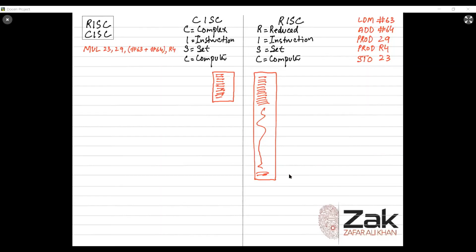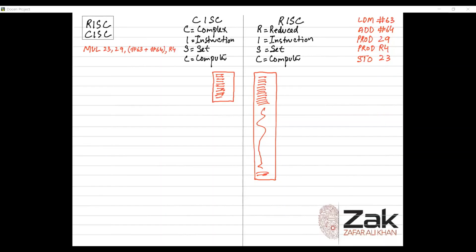Over here, all the processor has to do is follow one instruction at a time, and that's it, no more complexities. But over here, the processor first has to figure out how to break up this one instruction into a number of instructions, and then execute it.